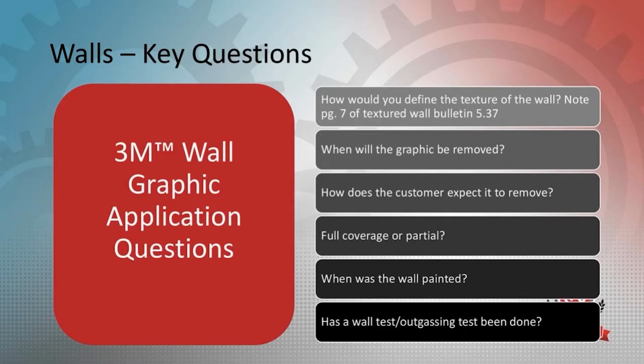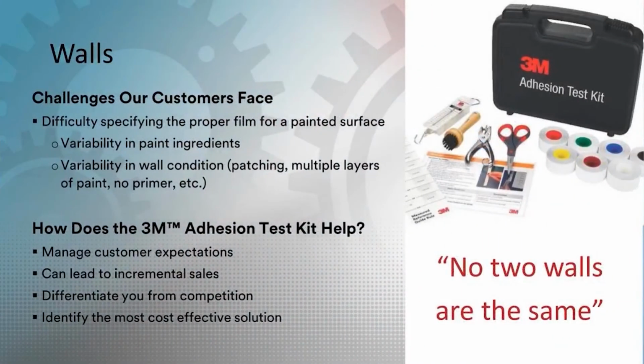And then has a wall test been performed? This is a really important step in the whole process with wall graphics that can really help protect you and make sure that you've made the proper recommendation for that particular wall, because every wall is different.